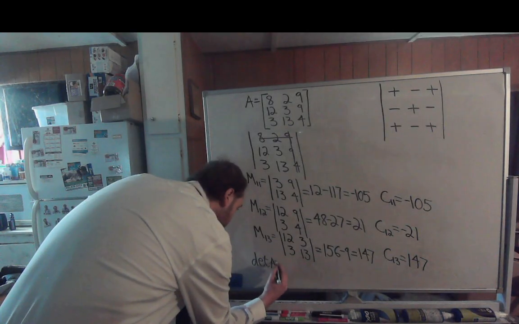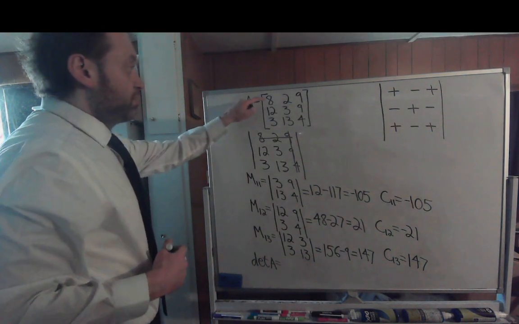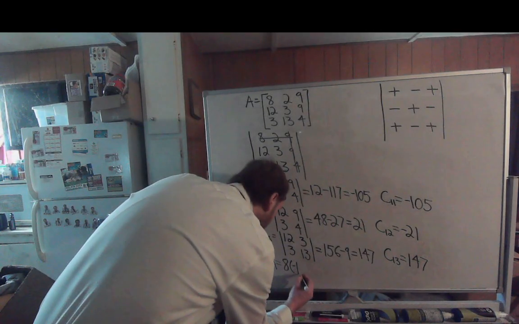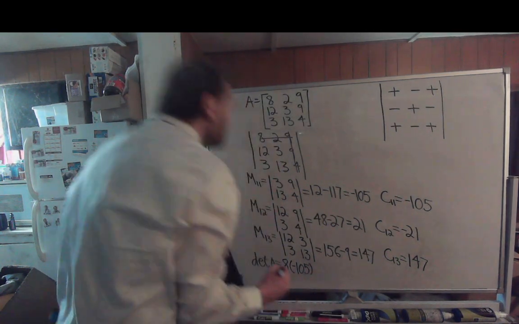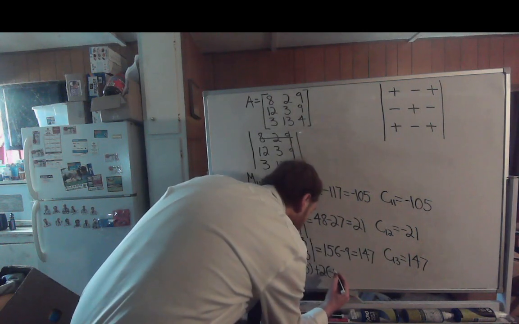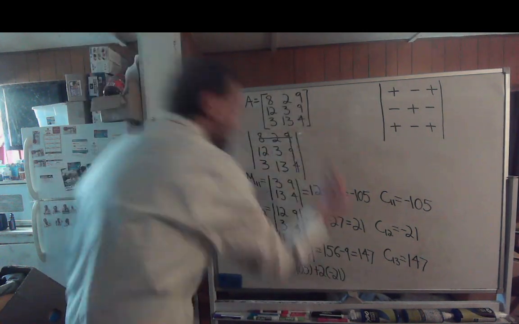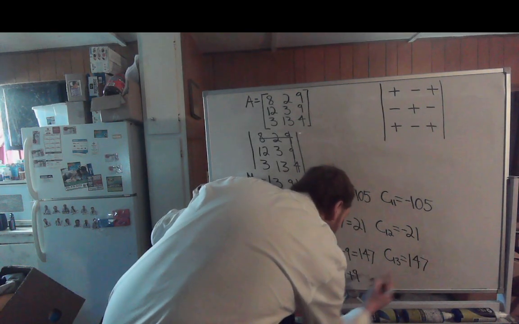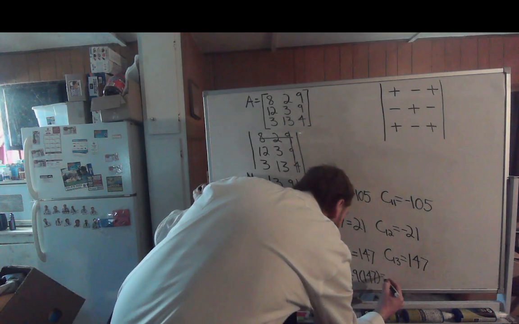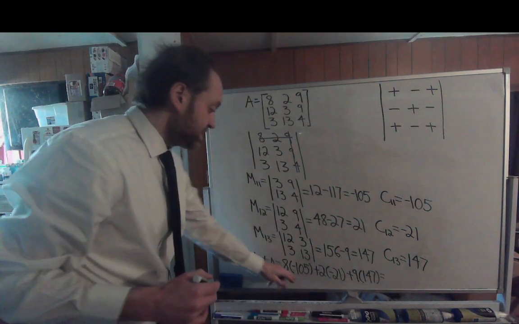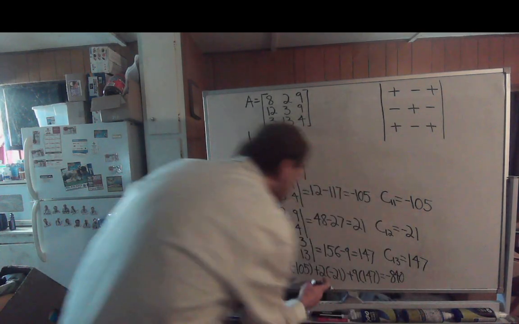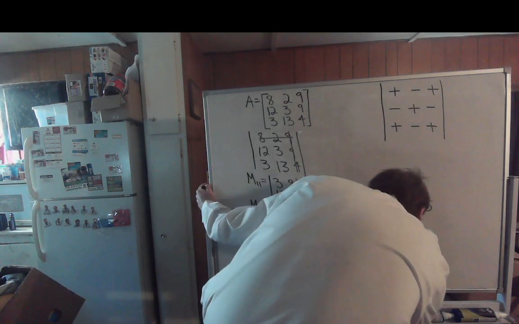So the determinant is going to equal that coefficient of 8 times the first cofactor of negative 105, plus 2 times my second cofactor of negative 21, plus 9 times my third cofactor of 147. So 8 times negative 105 is negative 840. Then 2 times negative 21, that's minus 42.